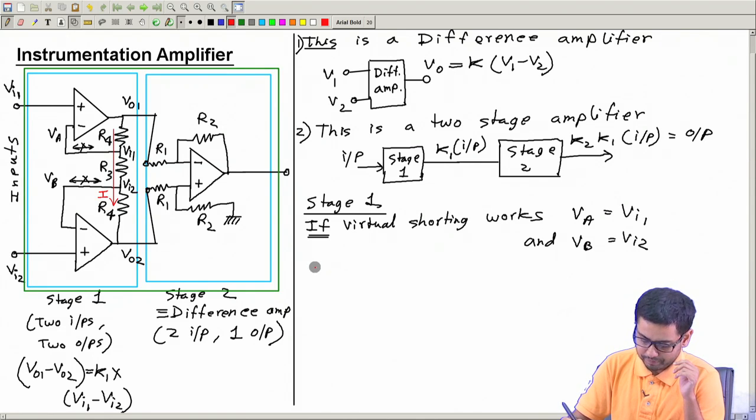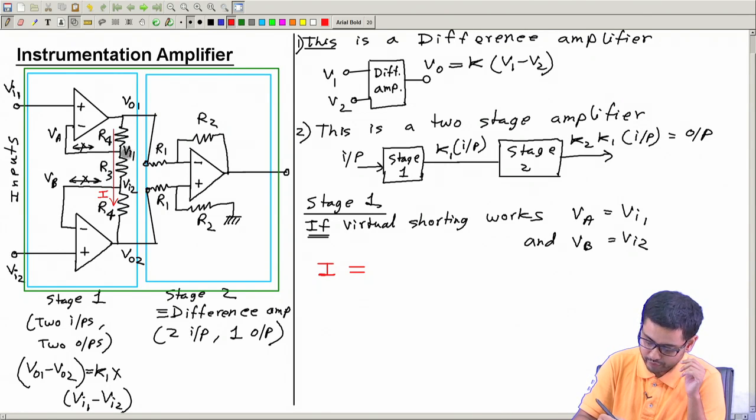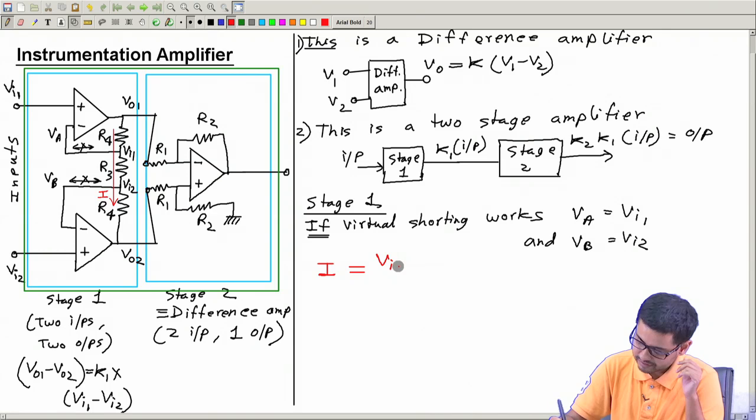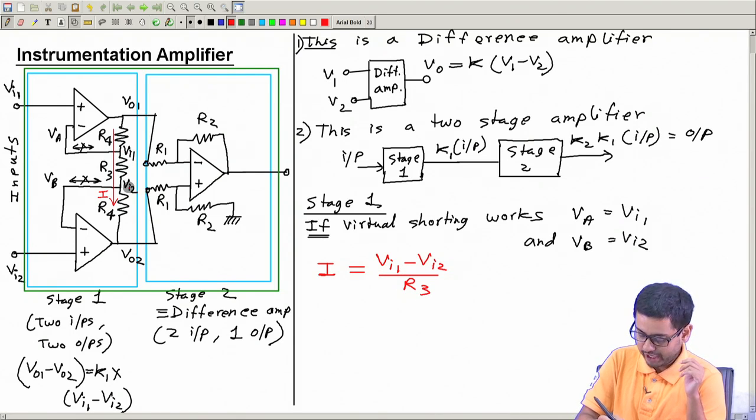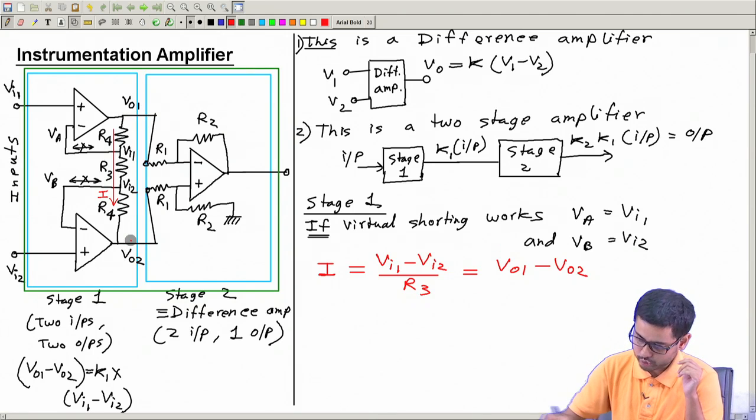Therefore, how much is this current? We can write this current I will be equal to Vi1 minus Vi2 by R3, because this is Vi1, this is Vi2, divided by R3. And the same current is flowing here. So can we not then write this is also equal to VO1 minus VO2 divided by this total resistance, which is R4 plus R3 plus R4.